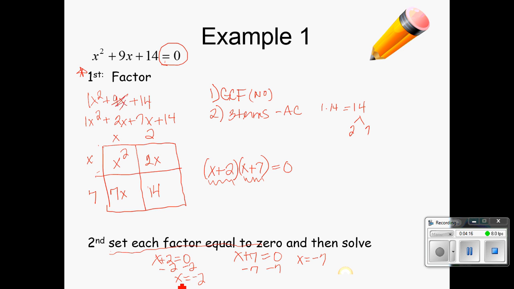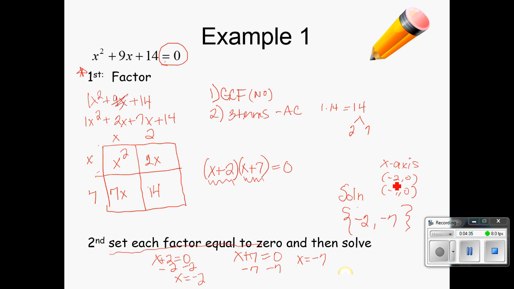Now notice I have an x and another x, and so my solutions here are 2 x values, negative 2 and negative 7, which means they cross the x-axis at negative 2, 0 and negative 7, 0.